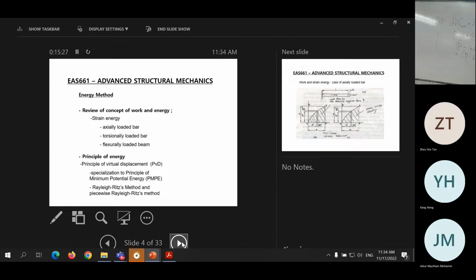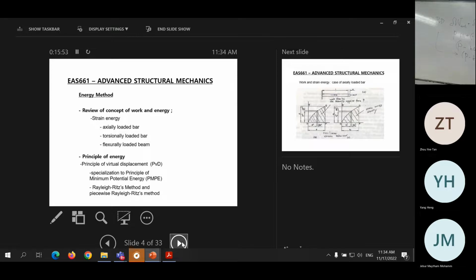So basically, we have 3 main types of deformations, which is axial deformations. Then you get strain energy because when you pull a bar longer or push it shorter, you have energy stored in the bar. Then the other basic deformation is twisting. When you twist a bar, then you have energy stored in the bar.